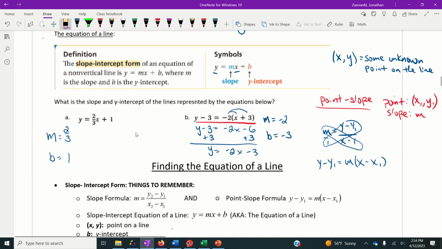And I realized I wrote a 1 here instead of x1. But that is point slope form. This is where it comes from, the slope formula cross multiplied. In this format, m is our slope, and this x1, y1 is our point. This is what we are going to be using a lot today.